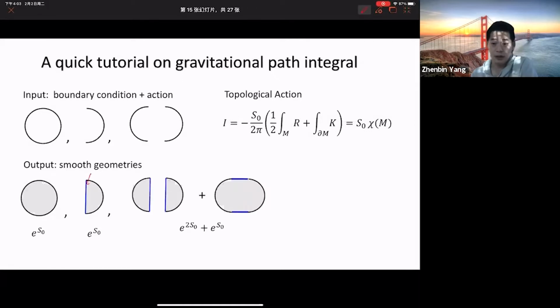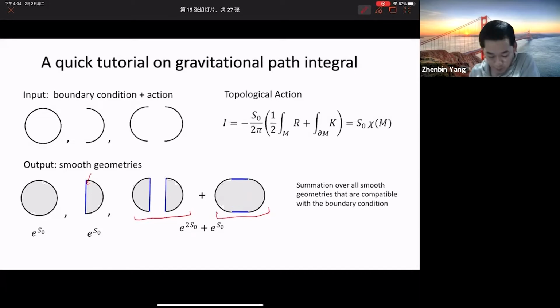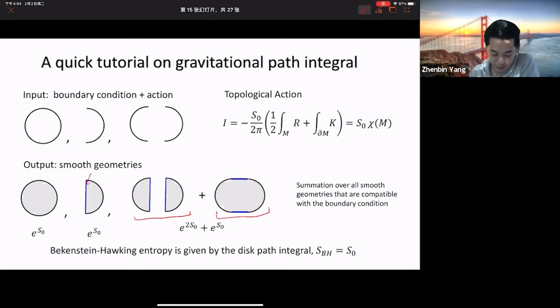And if you have two semicircles, then you have two types of geometries: two half disks or a disk. That is the rule I'm going to use in the gravitational path integral. As a quick notation, the Bekenstein-Hawking entropy is given by the disk path integral, so S black hole is given by the coefficient of the topological action in 2D.